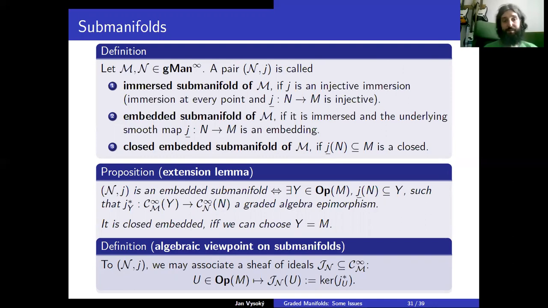If I have a graded manifold M, I can declare a pair of a graded manifold N and a graded smooth map J from N to M an immersed submanifold if this J is an injective immersion, which means that it's an immersion at every point and the underlying map is injective. Then I call this pair an injective immersed submanifold of my graded manifold M.